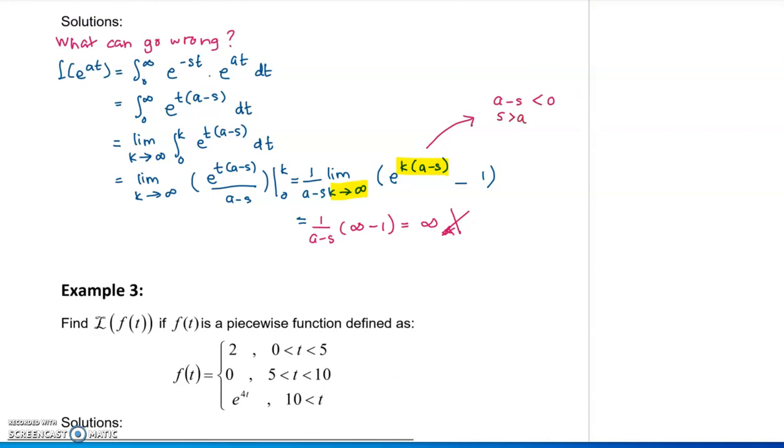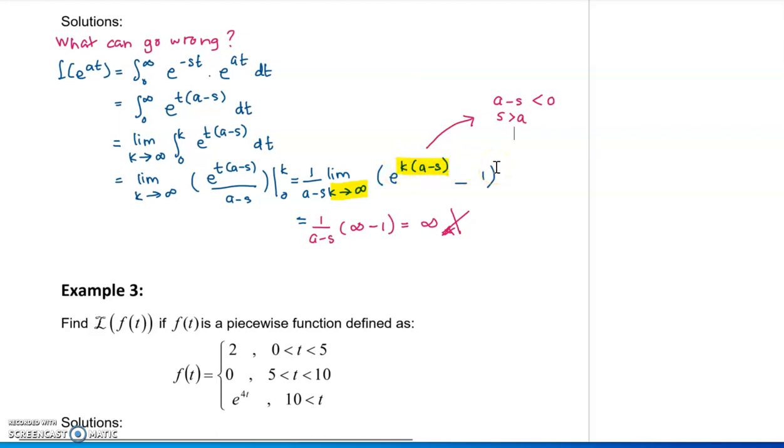If a minus s is negative, then when k approaches infinity, we have a negative value times positive infinity, which becomes negative infinity.